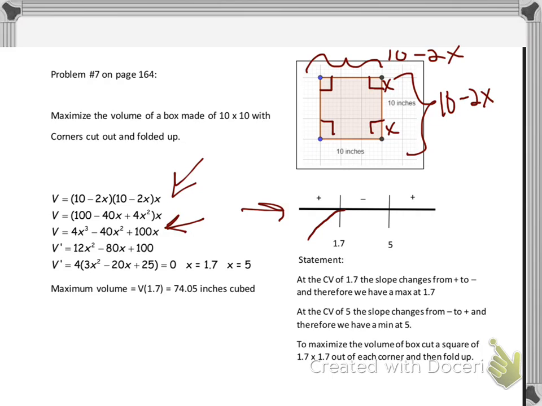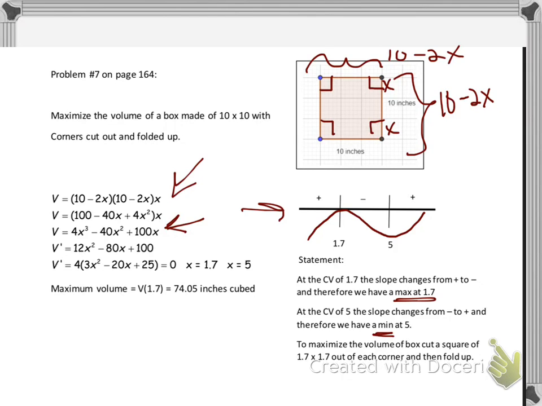Then it comes down and it's going to have another slope of 0 right there, and then it's going to come back up. So clearly the 5 is going to be a min, and the 1.7 will be a max.